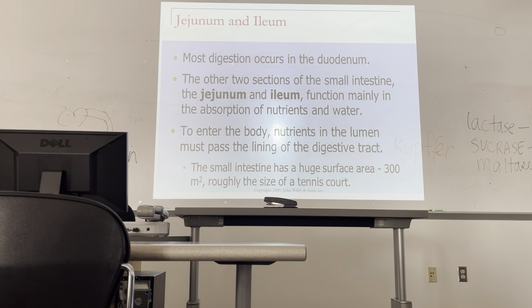Okay? Jejunum is mainly where you absorb, and then the ileum is the last stop where you start seeing feces. Okay? So be sure you go look at the histological difference between these sections of the small intestine, which we will discuss further downstairs.